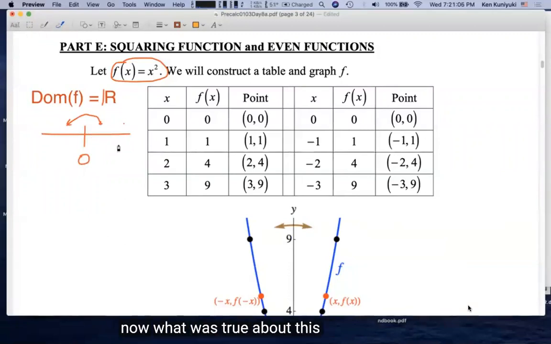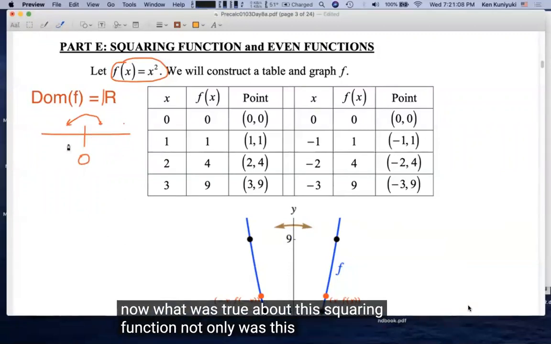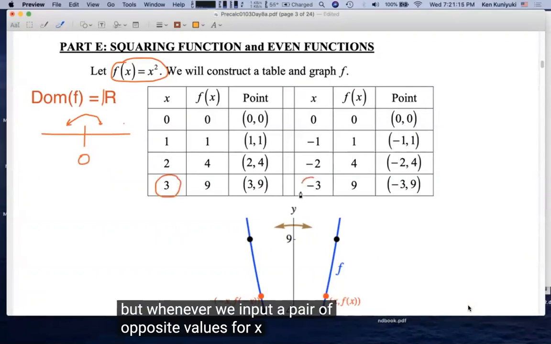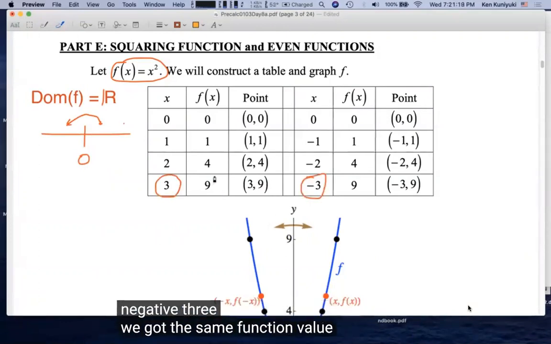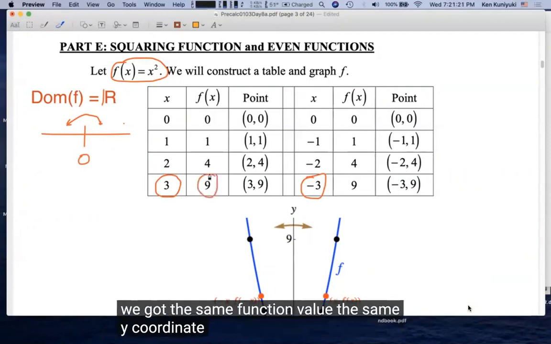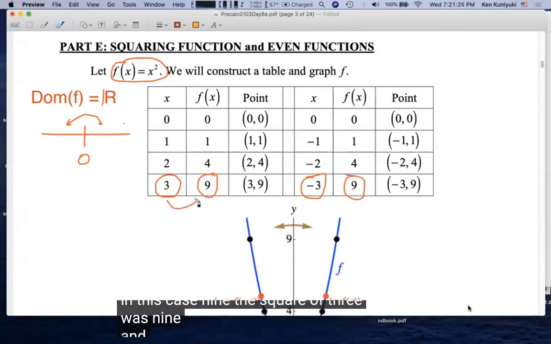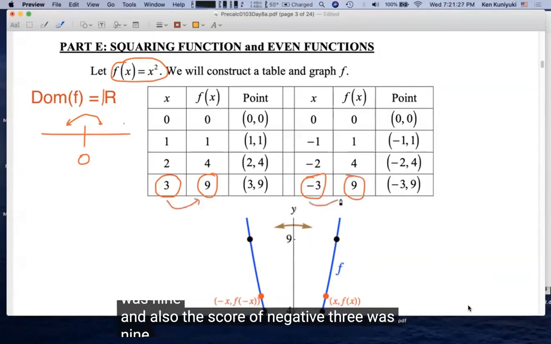Now, what was true about this squaring function? Not only was its domain symmetric about 0, but whenever we input a pair of opposite values for x, like 3 and -3, we got the same function value, the same y coordinate. In this case, 9. The square of 3 was 9, and also the square of -3 was 9.